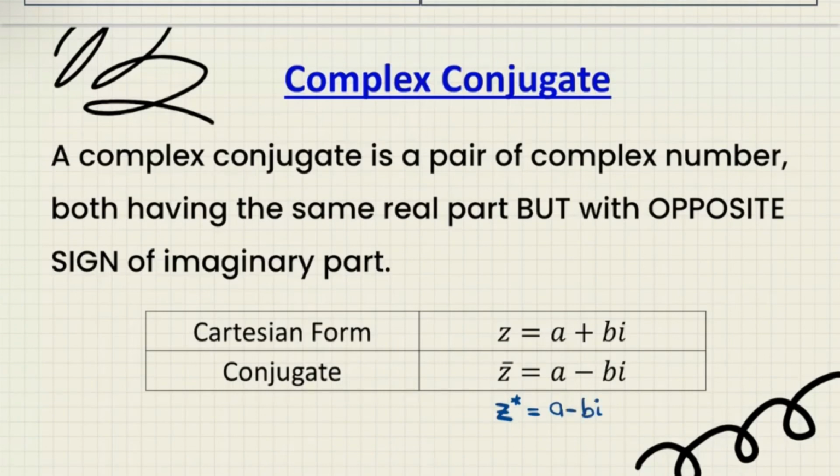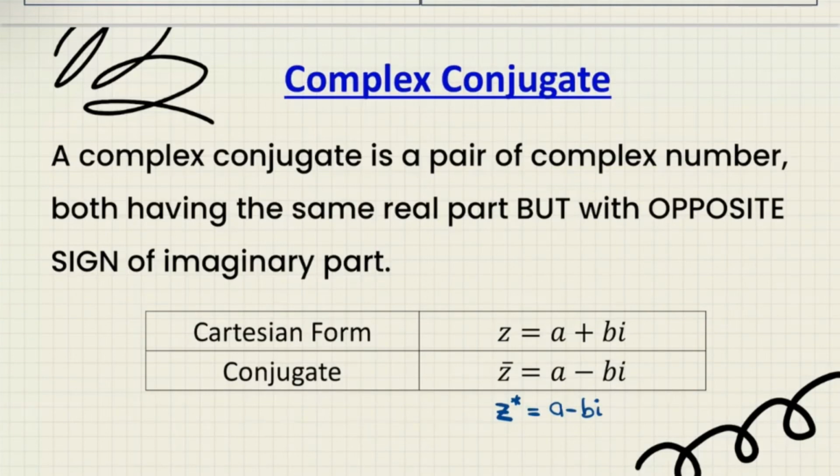So what is a complex conjugate ataupun kadang-kadang dia bagi tahu conjugate of complex number. Okay, so complex conjugate dia adalah a pair of complex number.